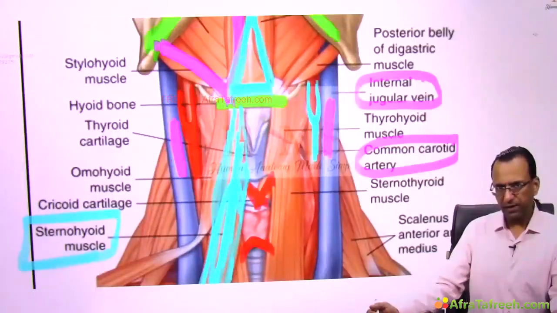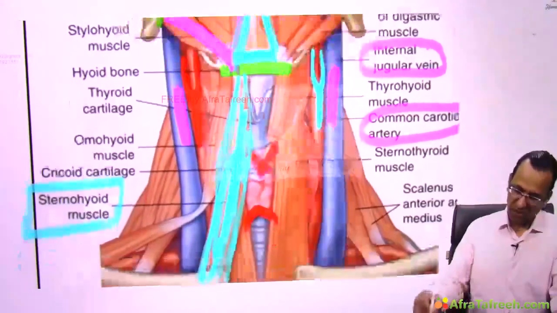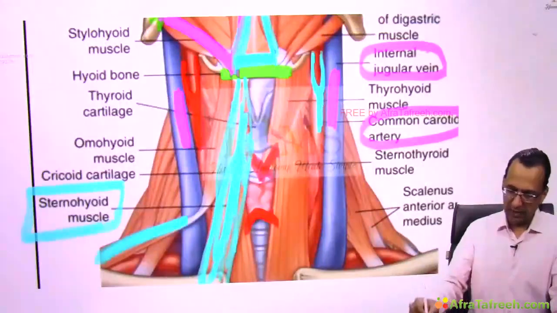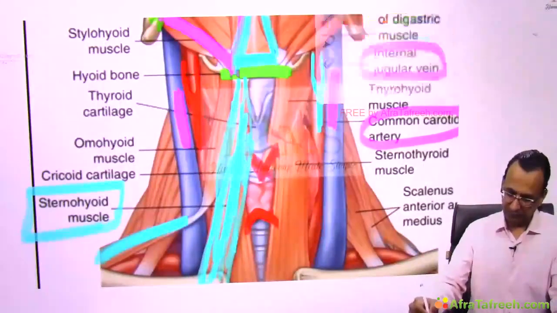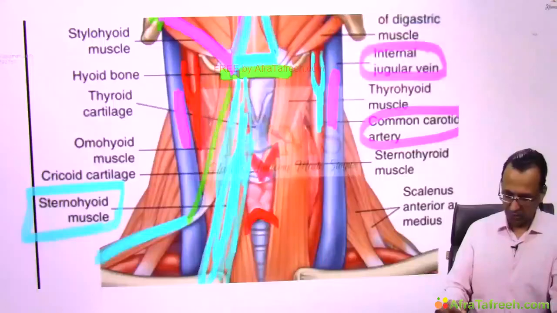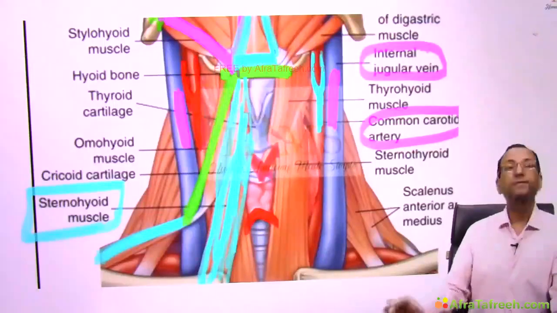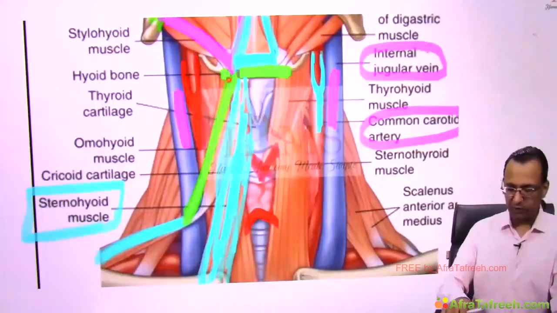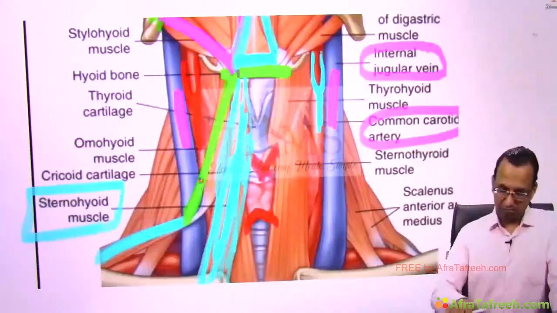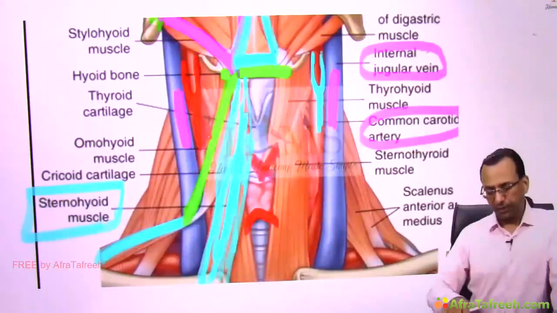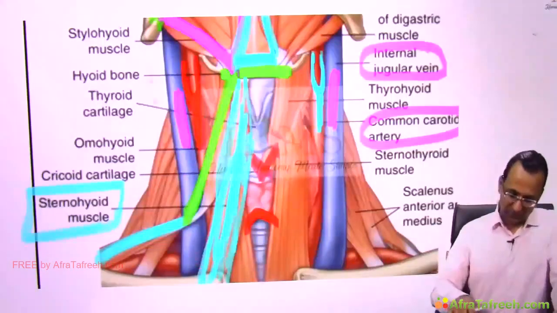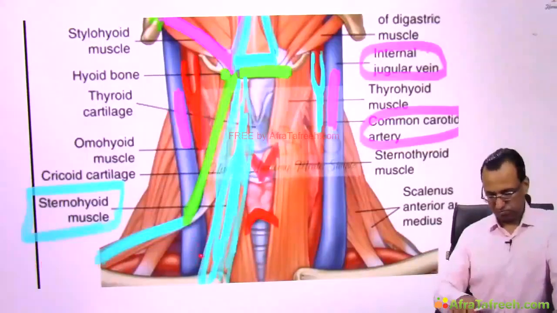You remember there was this inferior belly of omohyoid, and then there was this superior belly of omohyoid. This is the inferior belly of omohyoid and that is the superior belly of omohyoid. So the carotid triangle is bounded by the superior belly of omohyoid, the posterior belly of digastric, and a muscle which you have removed from here.